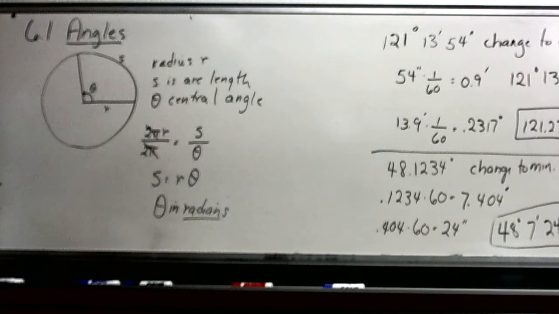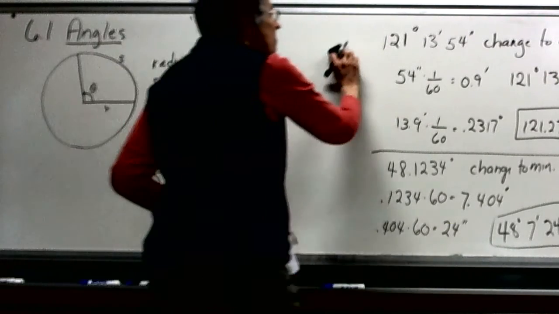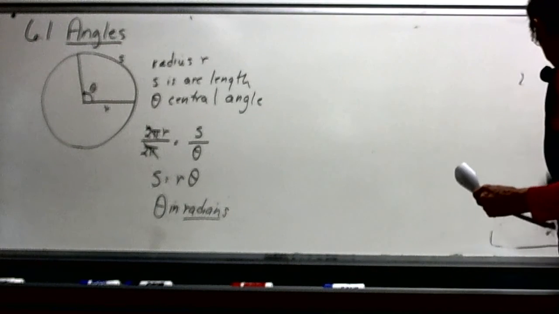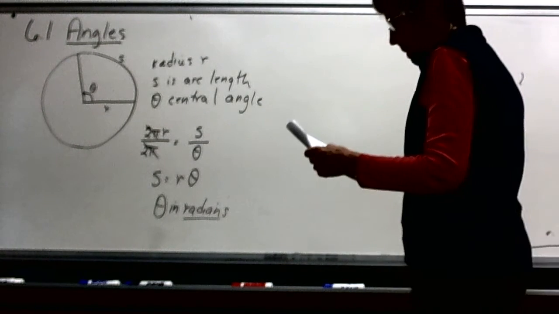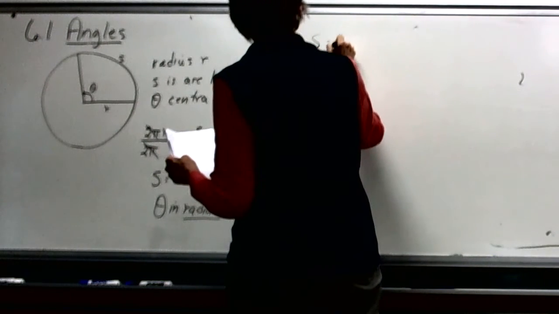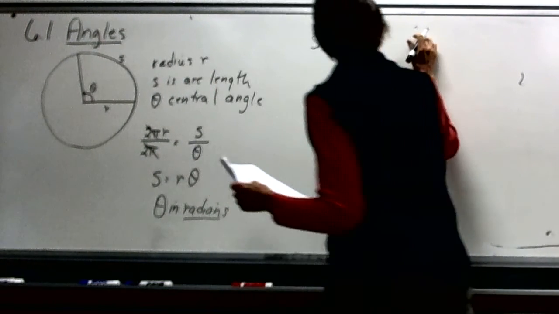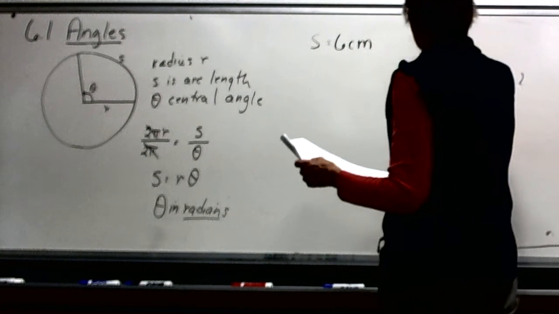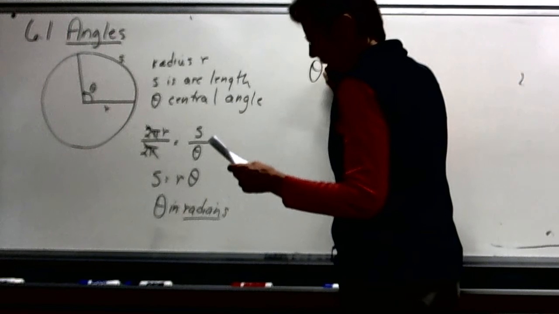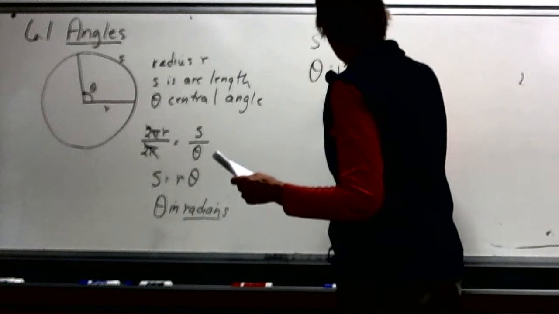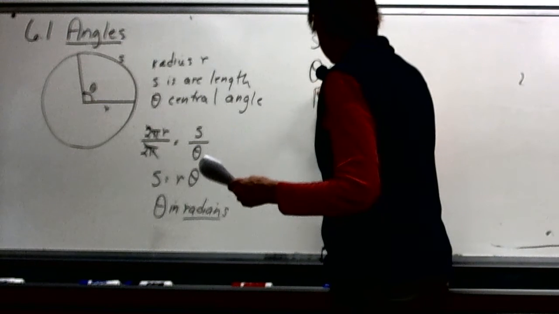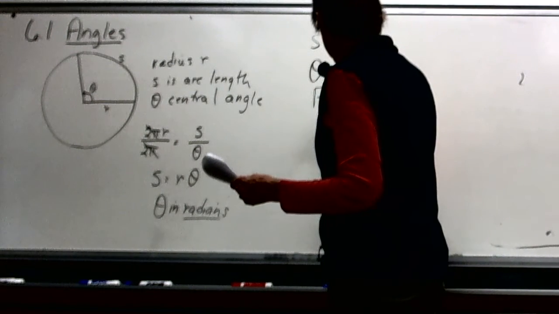So an example might be, suppose we're given an arc length this time of 6 centimeters, and a central angle given in degrees of 120 degrees, and we're asked to find the radius of the circle.